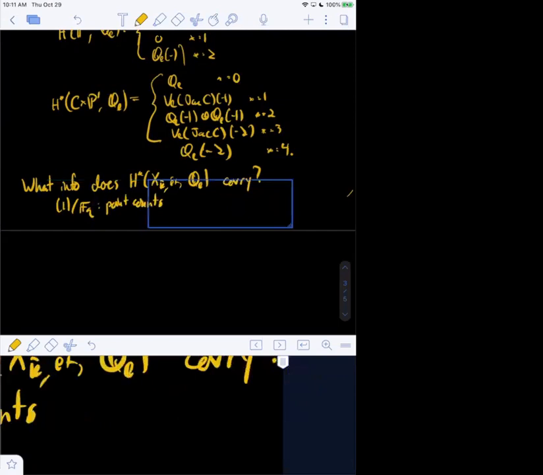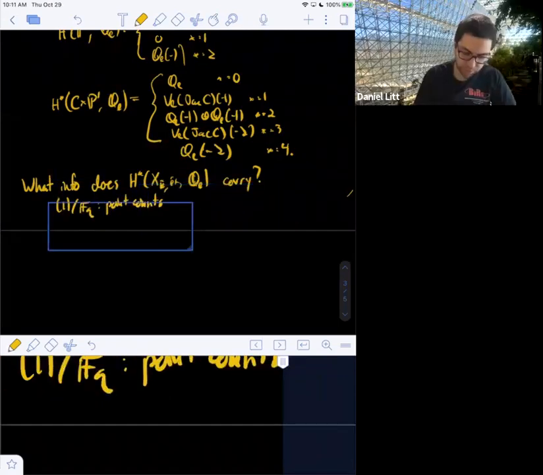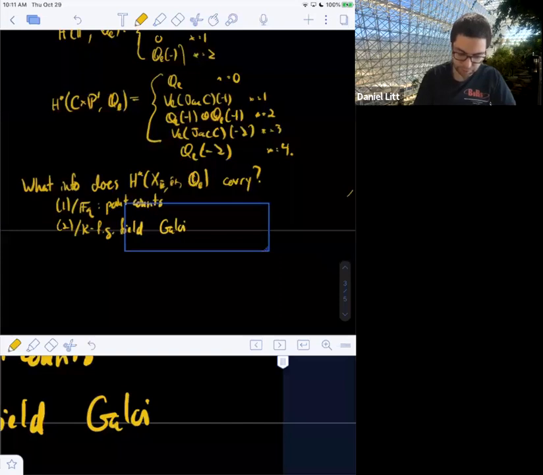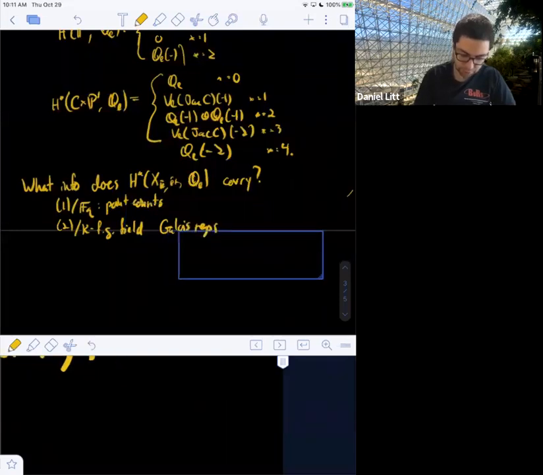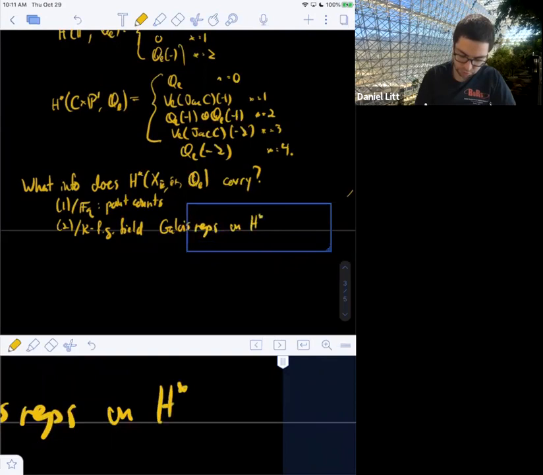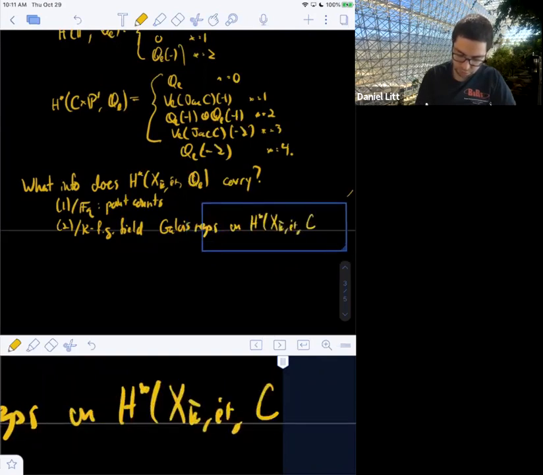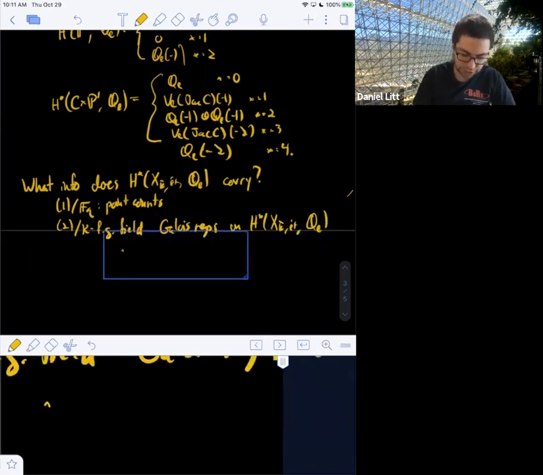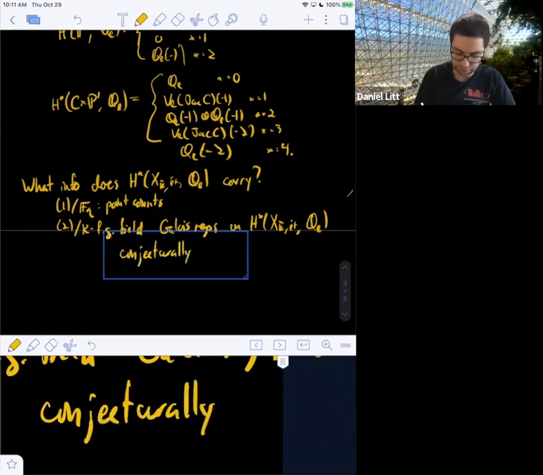So in general, let's say K is a finitely generated field, the Galois representations on these groups conjecturally carry a lot of information. If I get to cycle classes by the end of the day, we'll see some of that.